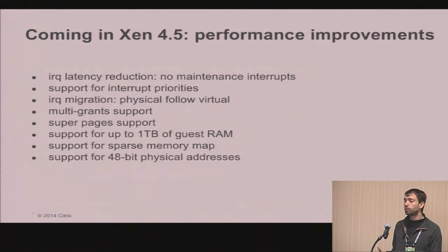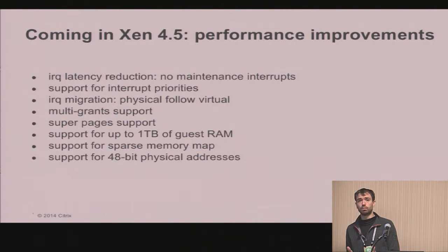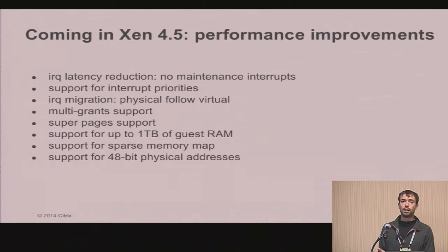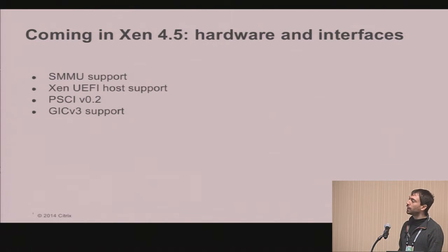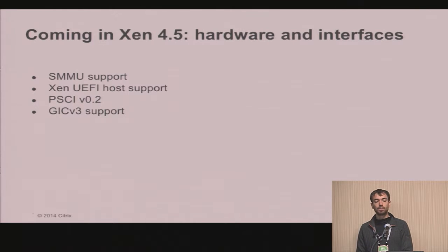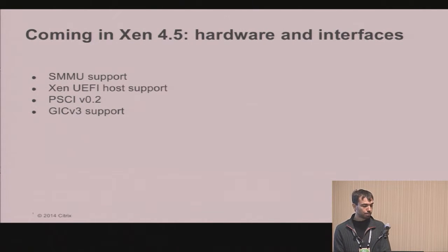So on platforms where there are multiple banks of memory and they are mapped at very different physical addresses, we now support them on both Xen and DOM0. And we also support 48-bit physical addresses.